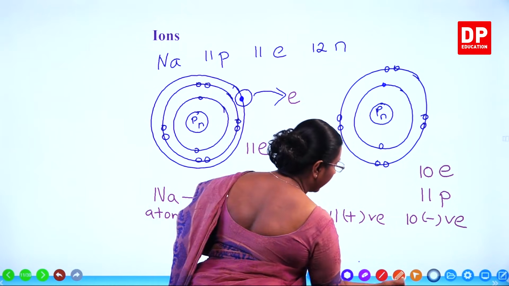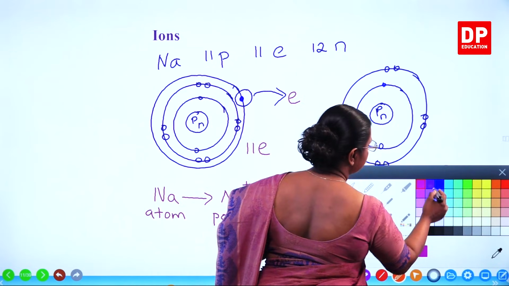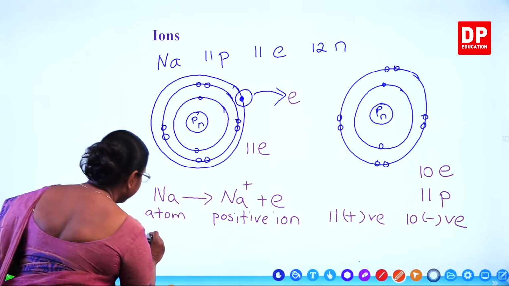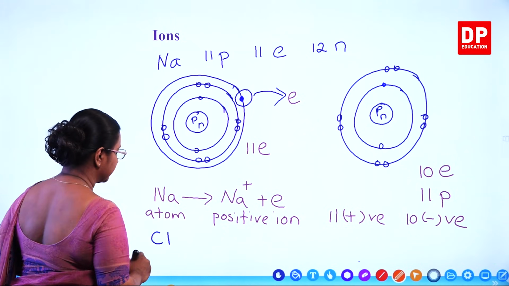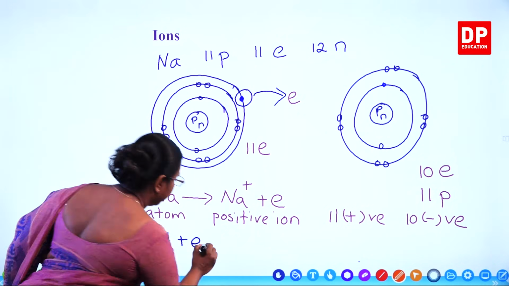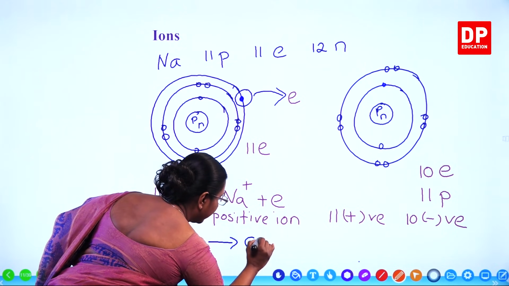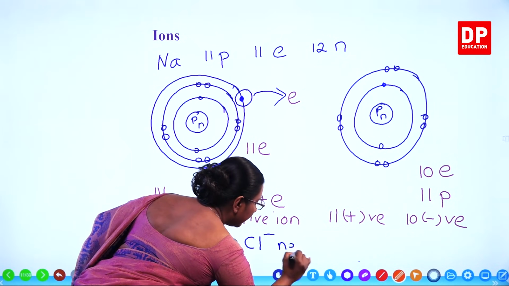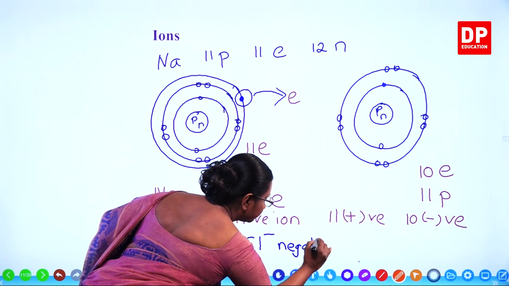Similarly, we can add an electron to an atom. For example, if we take a chlorine atom and we add 1 electron to the chlorine atom, we will get chlorine minus. That is a negative ion.